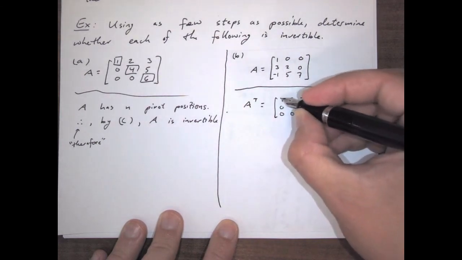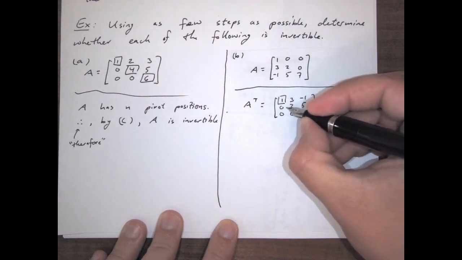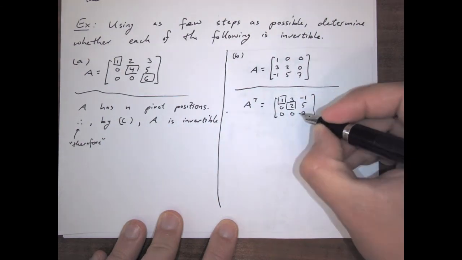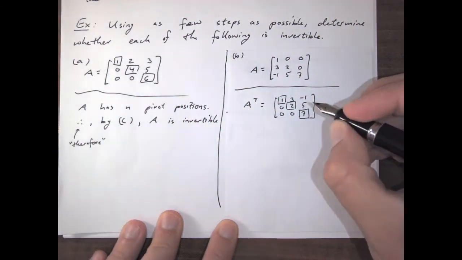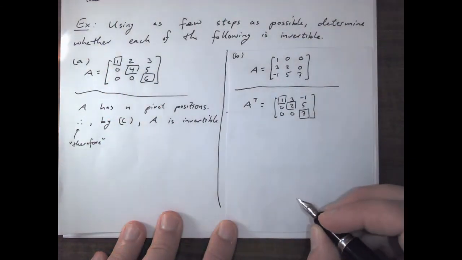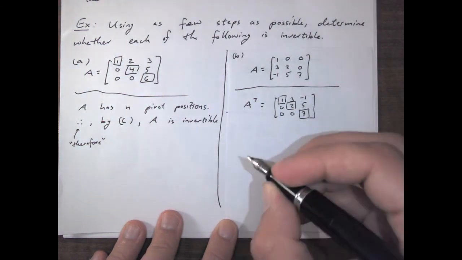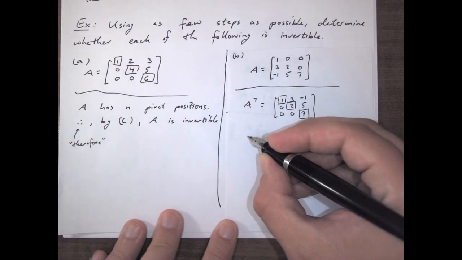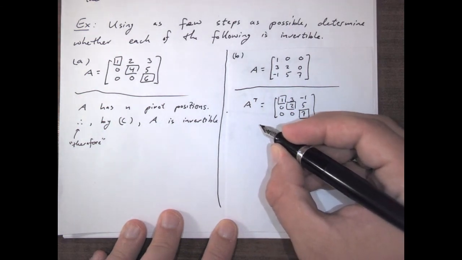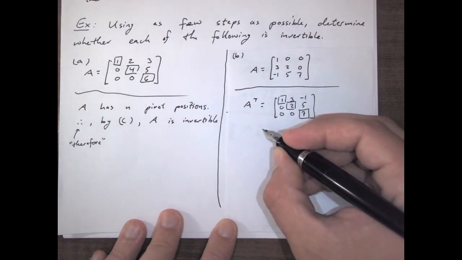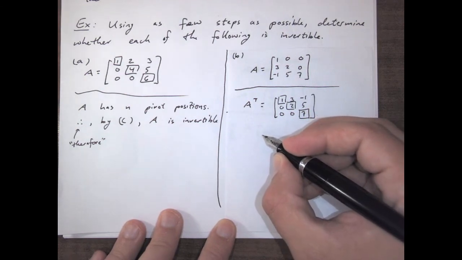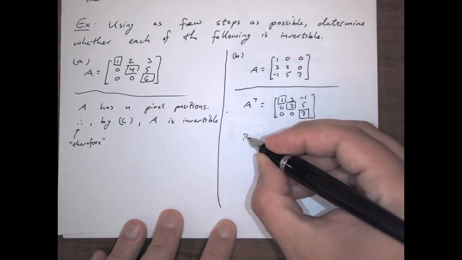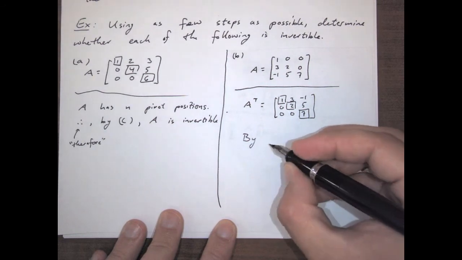And what we have now is an orientation that puts us very, very comfortably in the same situation as what we had before. So by part C of the theorem, we can say that A transpose is definitely invertible, and then therefore by part J, we can say that A is invertible.